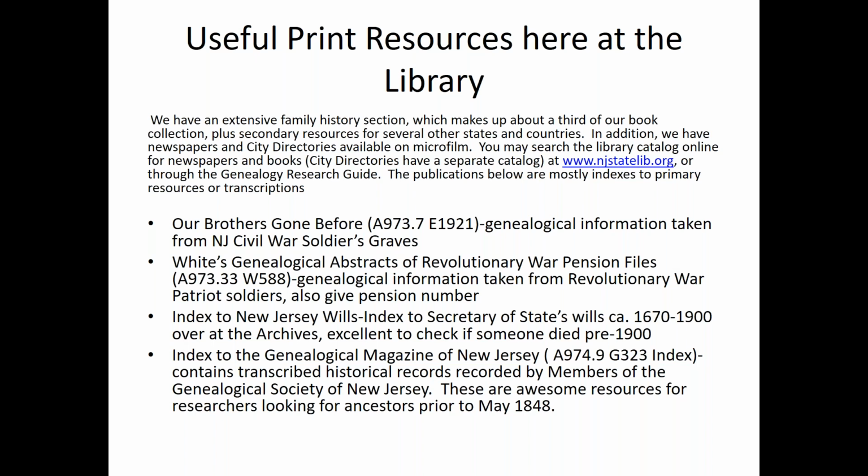So it has very good information, and this is a really great place to start if you have ancestors who lived outside of the vital records era who you are trying to research.